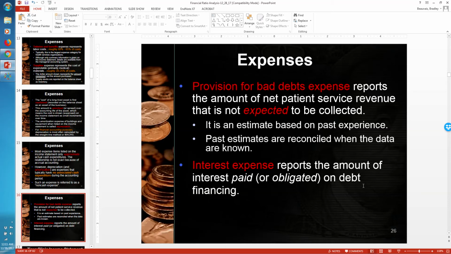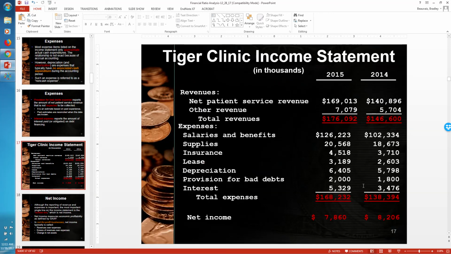And the last bullet here, interest expense: the amount of interest paid or obligated on debt financing, as well as some of the other forms of debt that we've talked about in other modules. So just to give us some clarity on what this might look like from an income statement standpoint, this is a very simplified version of one.